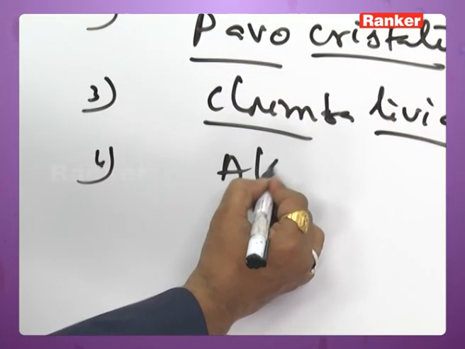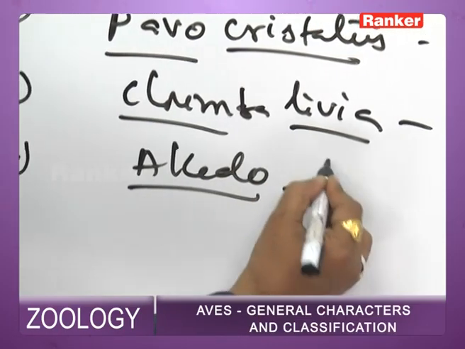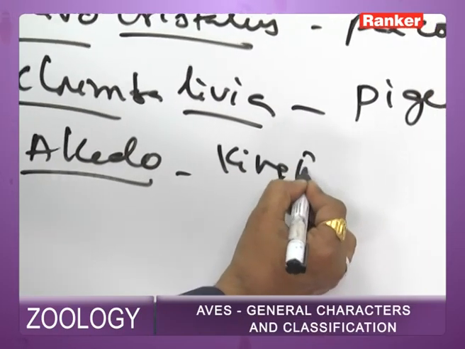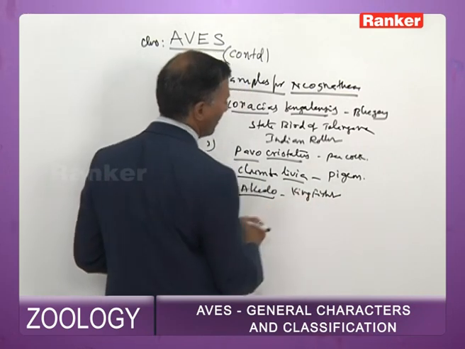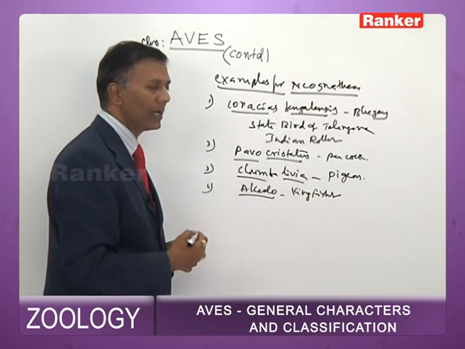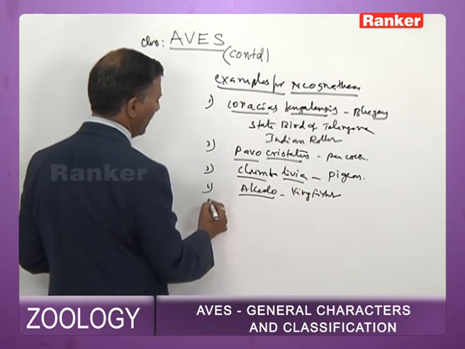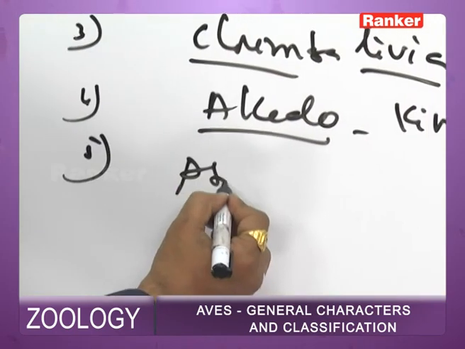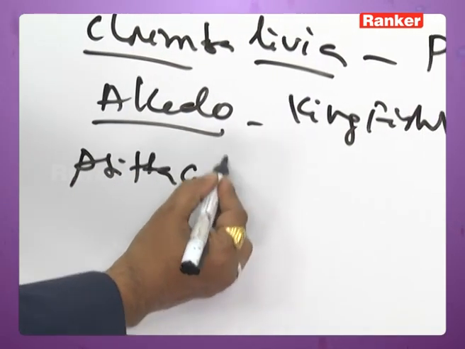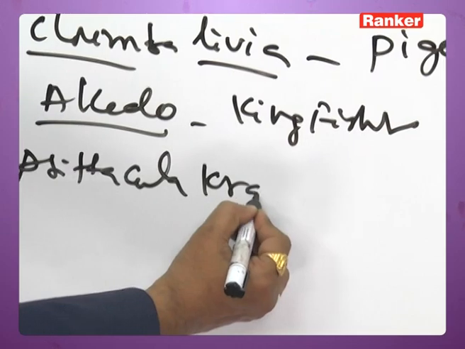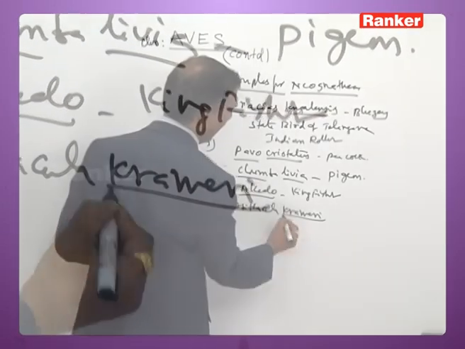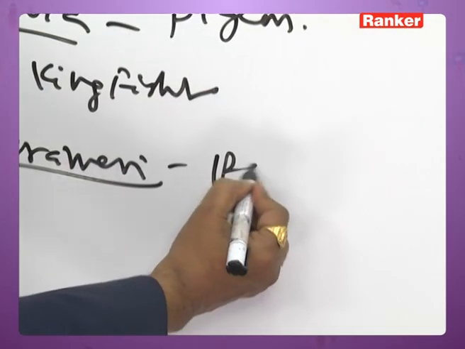The next you have Alcedo, kingfisher. Next you have Psittacula krameri, commonly called parrot.